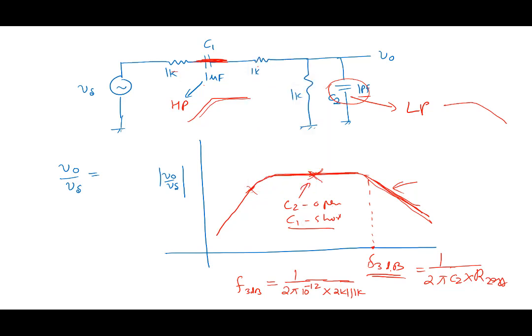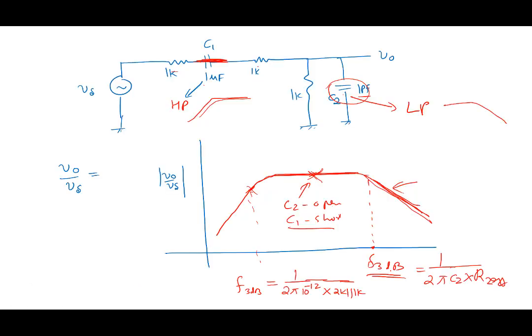So to calculate this frequency, what should I do to C2? C2 should be open circuited. Suppose I call this FL, the lower cutoff frequency, and this FH, the higher cutoff frequency. So this is FH. Here C2 should be considered open and C1 should be considered as there.